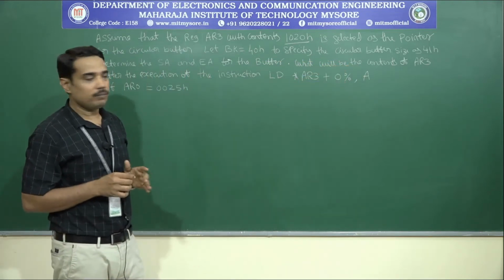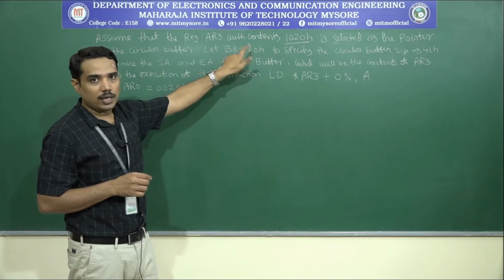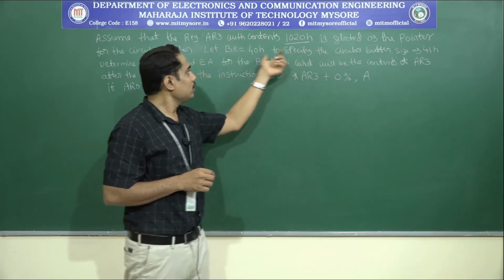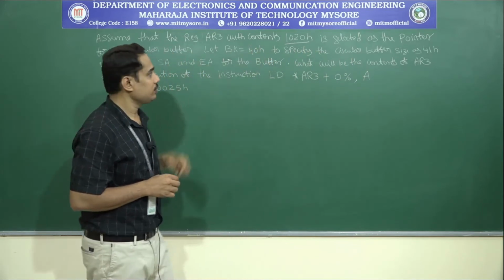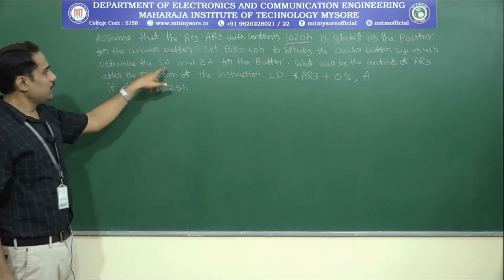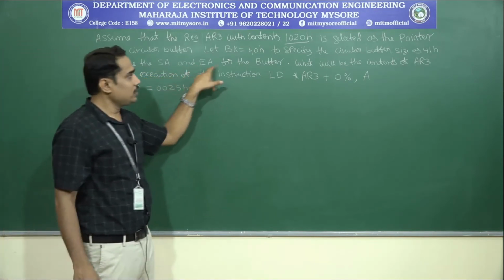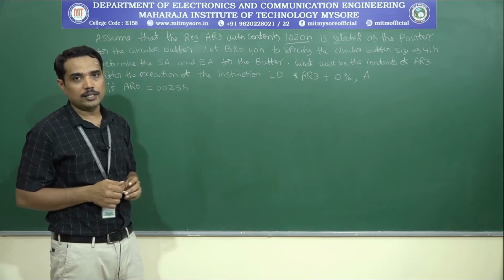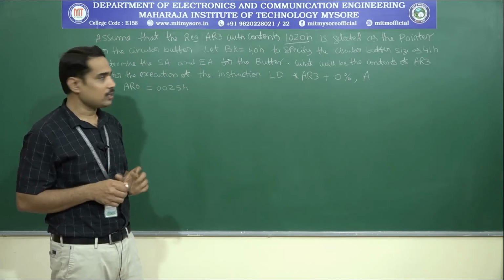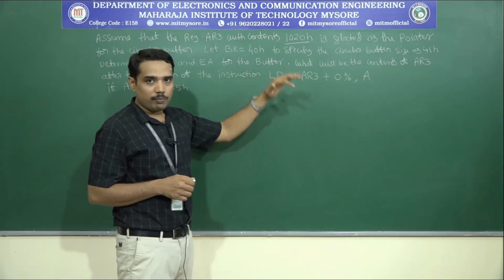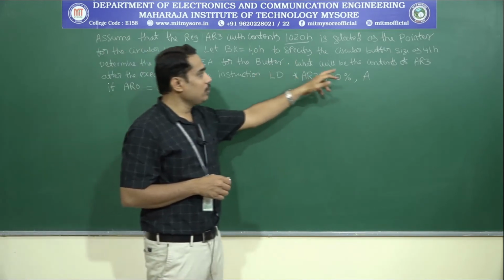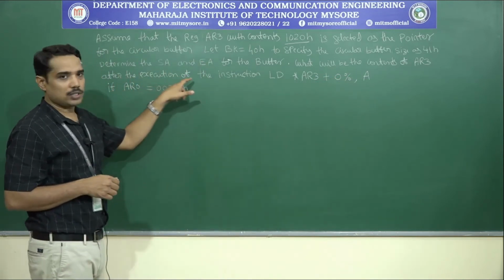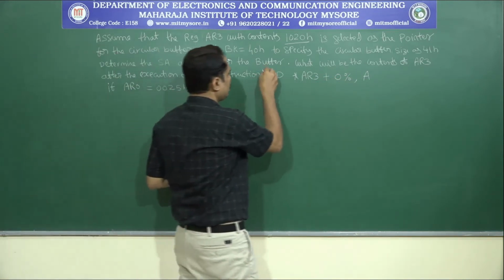That means the last element is 40H, the last element plus 1 is 41H, but we have to fix for 40H. Determine the start address and end address for the buffer. We are supposed to calculate the start address and the end address for the circular buffer. And the second part of the problem is, what will be the contents of the register AR3 after the execution of the instruction? This is the instruction they have given.